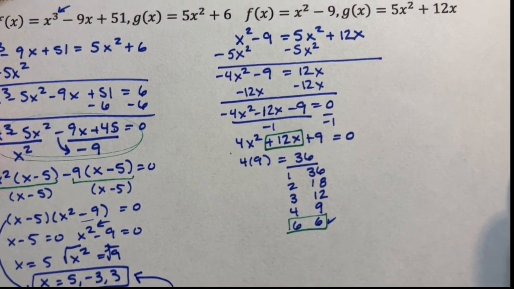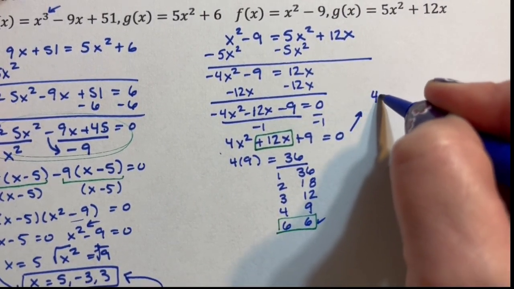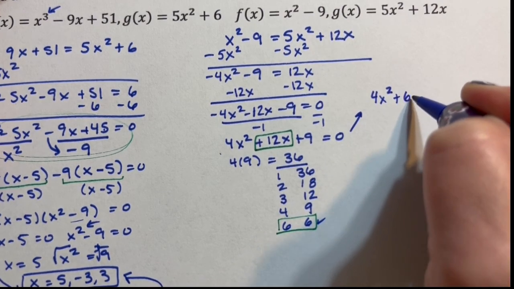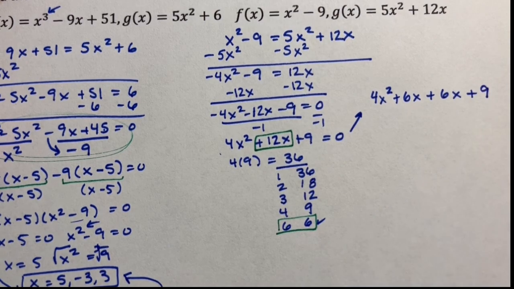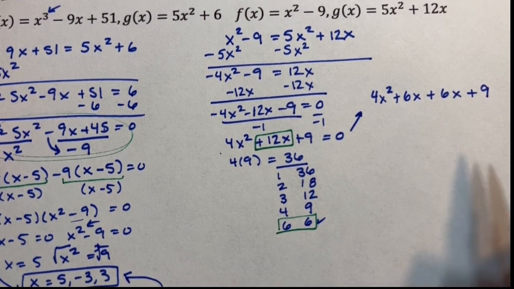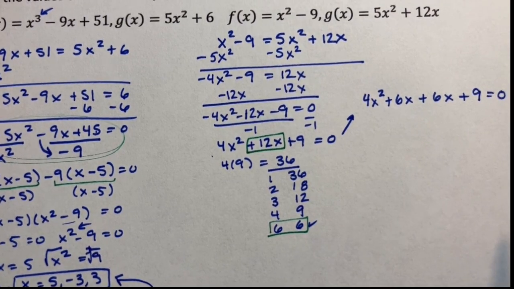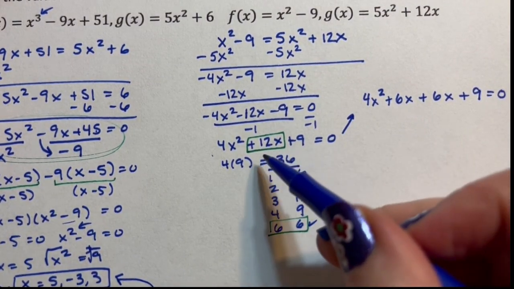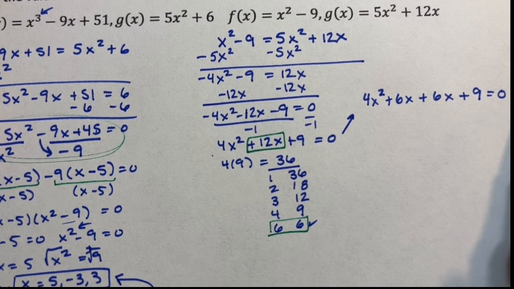So I'm going to turn this into 4x squared plus 6x plus 6x plus 9. So I've just turned this into a 4-term polynomial instead of a 3-term polynomial. My trinomial turned into a quadrinomial.